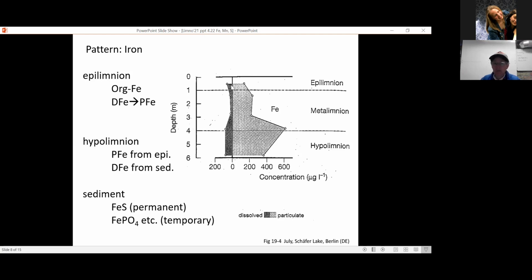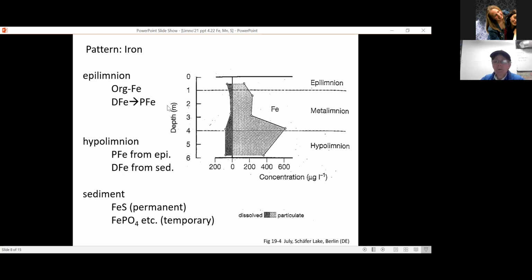The particulate forms will be primarily organic iron. And up here we see dissolved iron converting into particulate iron by uptake and assimilation by algae that turn it into organic matter, and also the formation of precipitates, which are almost by definition particles.